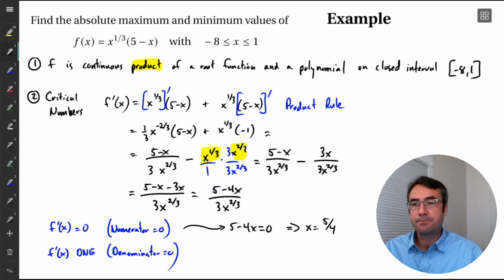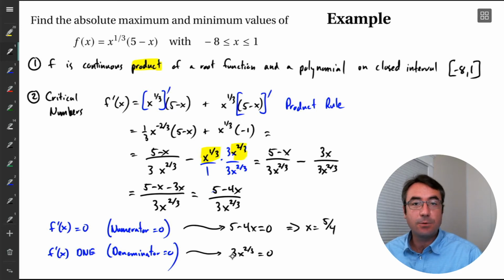Okay. Not too bad. Now what about for where our derivative is undefined? So now we're going to set just the denominator equal to 0. So we get 3x raised to the 2/3 power equal to 0. And the only way this is true is if x is equal to 0.